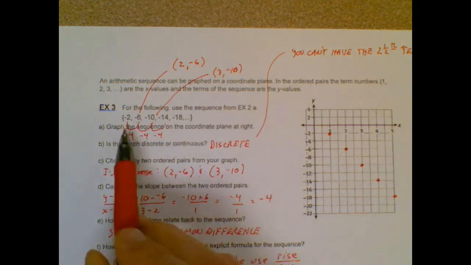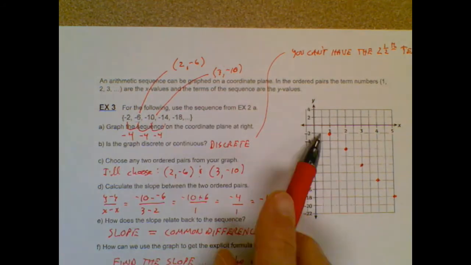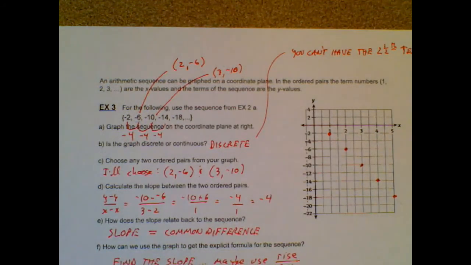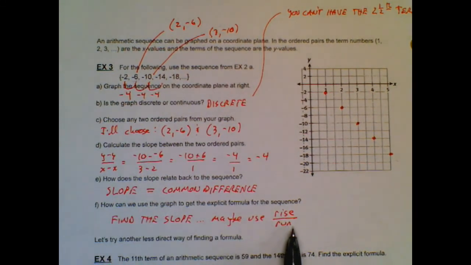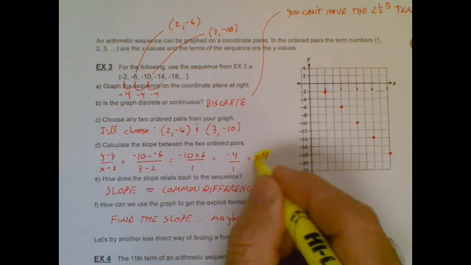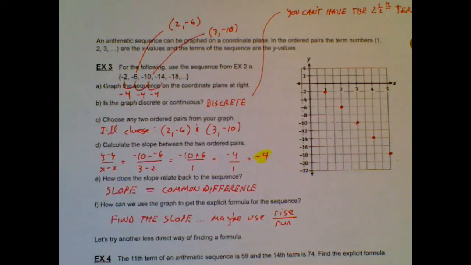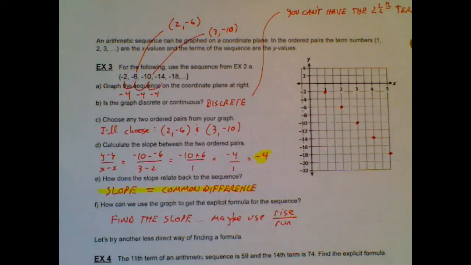The point is, if you start graphing these, you will get this set of discrete data. But if I think about the slope between these, and I do my rise over run or my y minus y over x minus x, I get a slope result of -4, which is the same as the common difference, which tells you slope and common difference are going to yield the same result.